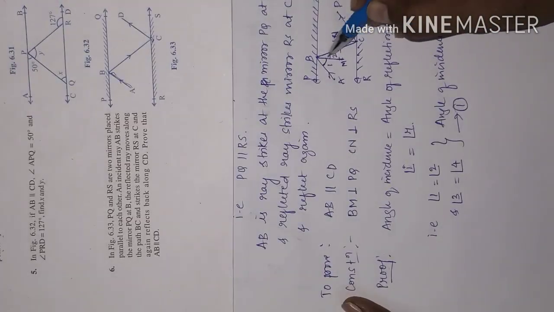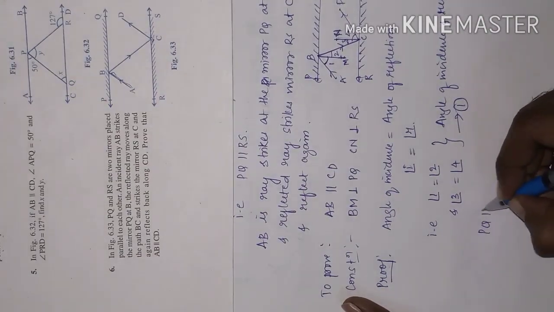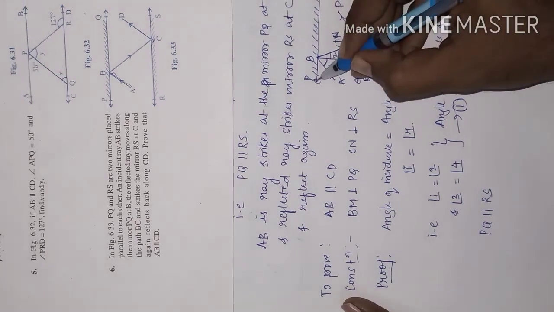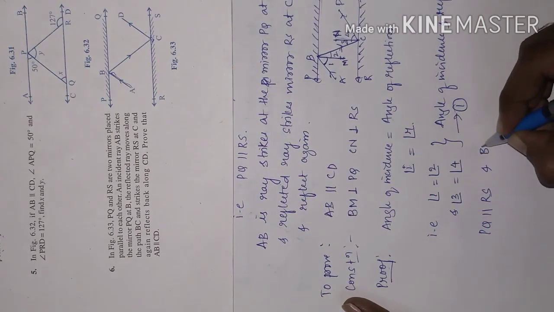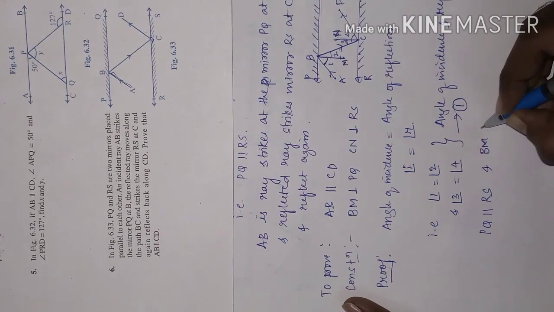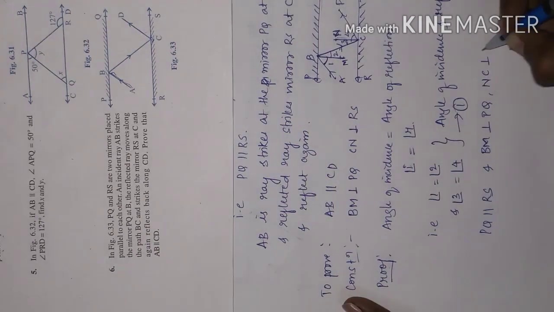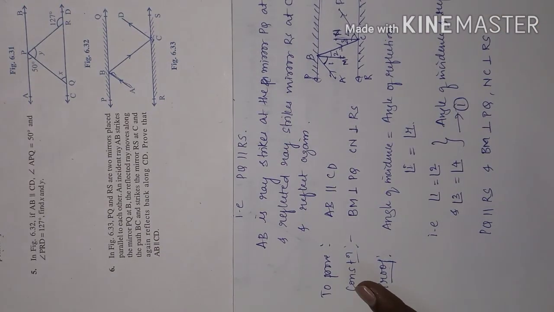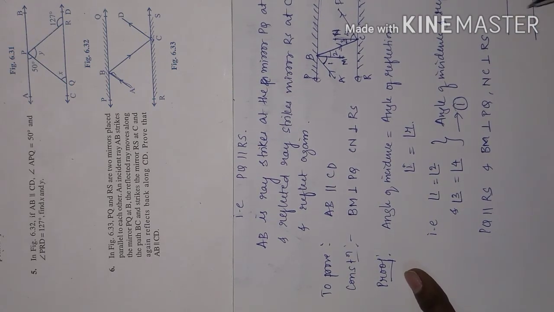Now BM and CN are perpendicular to PQ and RS respectively, and PQ is parallel to RS. BM is perpendicular to PQ and NC is perpendicular to RS. Yes or no? See, I will construct this part. This is the line PQ and this is the line RS.